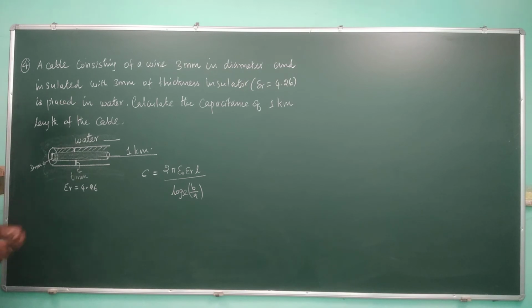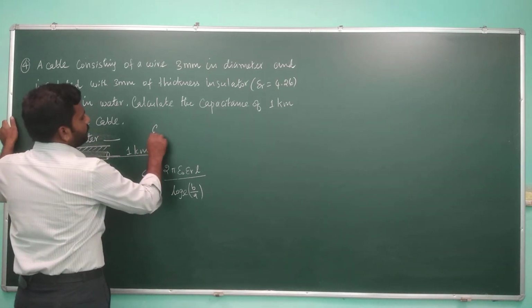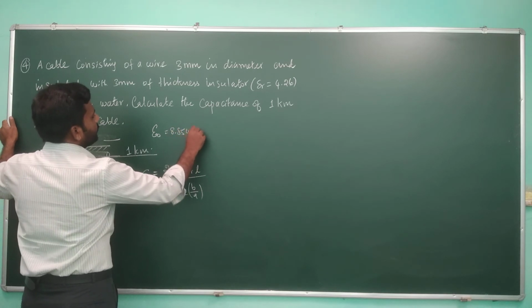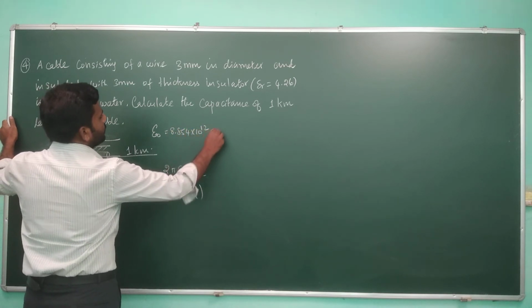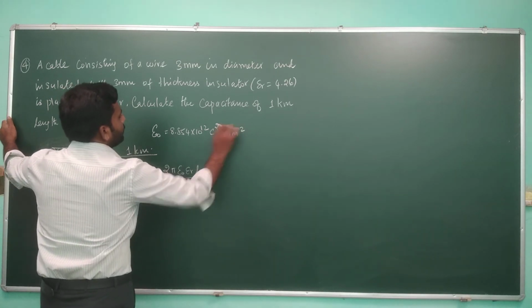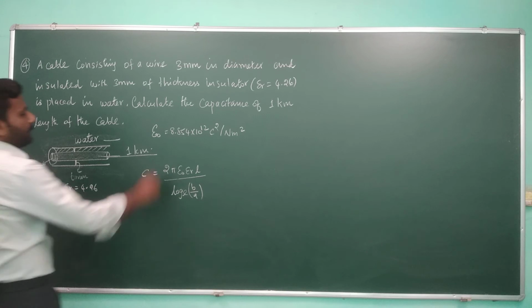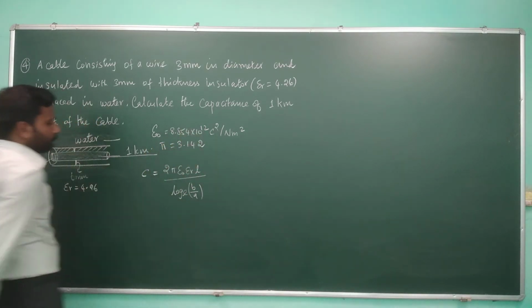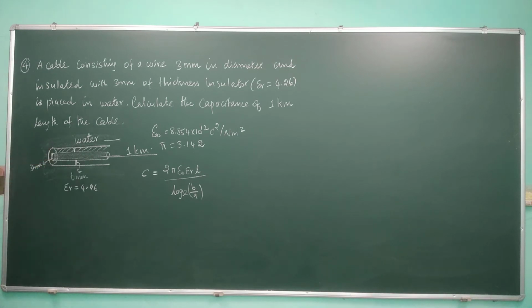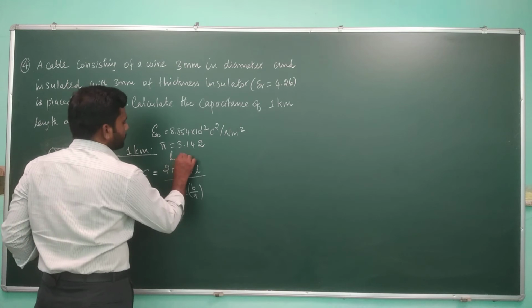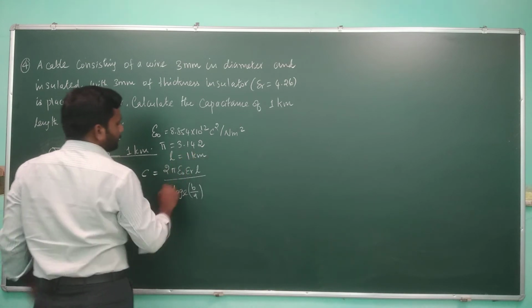Epsilon naught is the permittivity of the vacuum, which we already know, that is 8.854 into 10 power minus 12 coulomb square by Newton meter square, and pi we will take as 3.142.